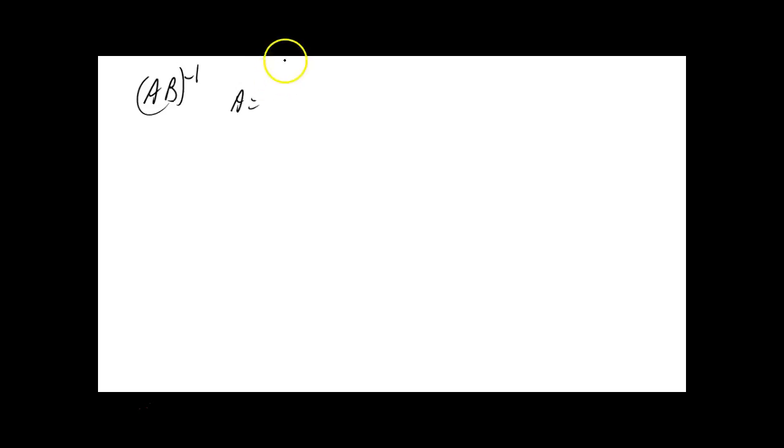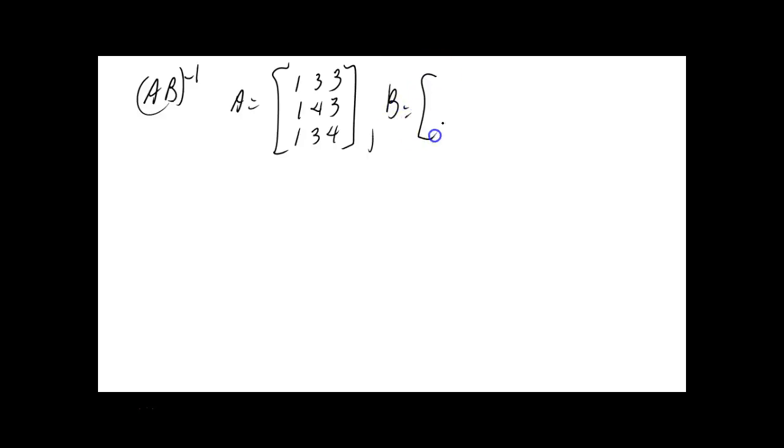A is 1, 3, 3, 1, 4, 3, 1, 3, 4. B is 1, 2, 3, 1, 3, 3, 2, 4, 3. Okay, find (AB) inverse for those two.